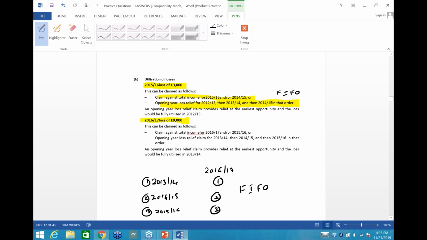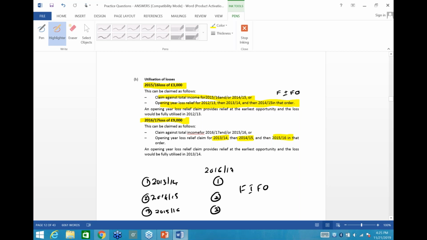This is the special opening year relief, 13, 14, and then 14, 15, and finally 15, 16.